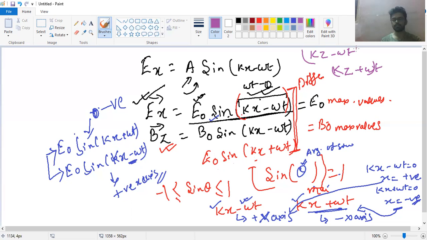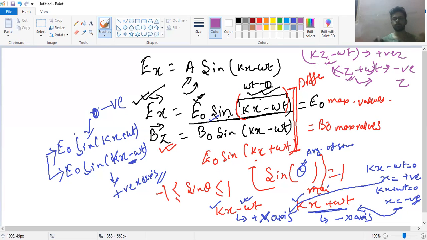Then you will say, sir, if we equate this to zero, then z will come out to be positive. Then I will say that it is propagating along the positive z-axis, and here z will come out to be negative if we equate it with zero. Then this equation is propagating along the negative z-axis, since here there is z, right? And similarly in the case of y also, right?